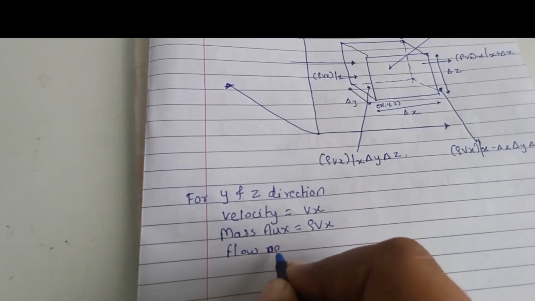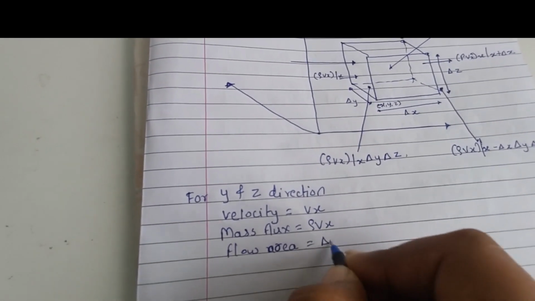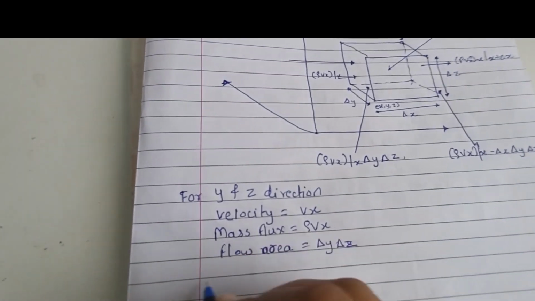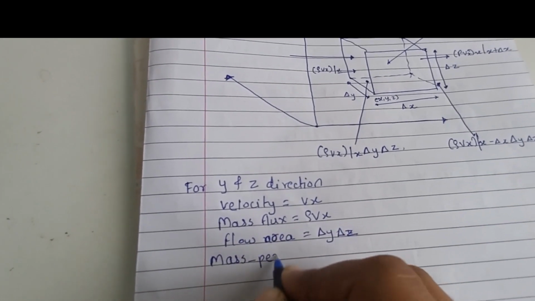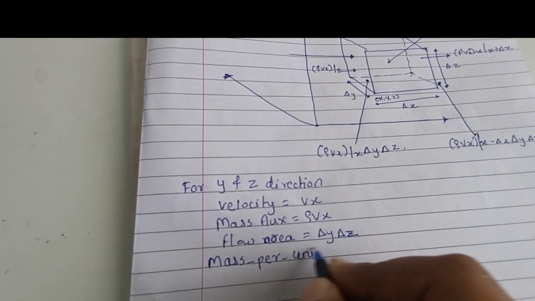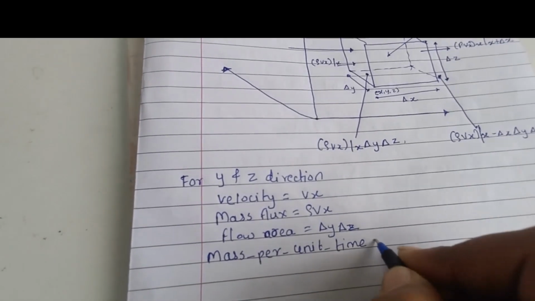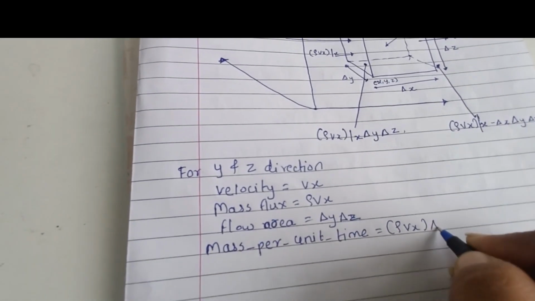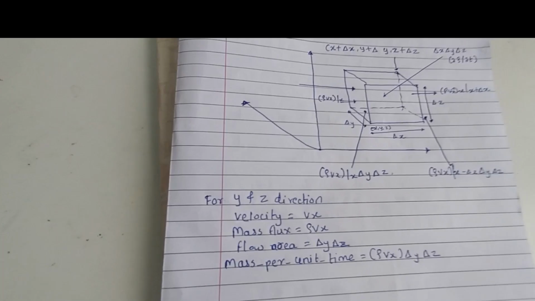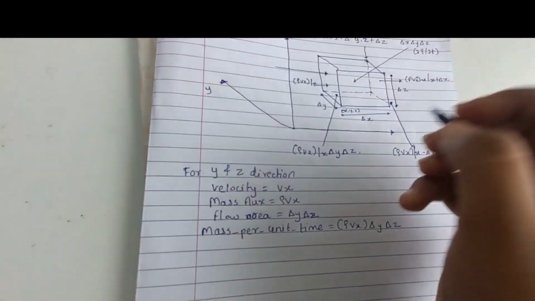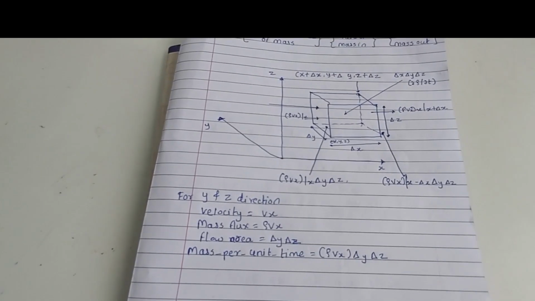Here, rho Vx into the cross sectional area, that is del y into del z, at x, and rho Vx into del y into del z at x plus delta x, is the rate of mass in minus rate of mass out.